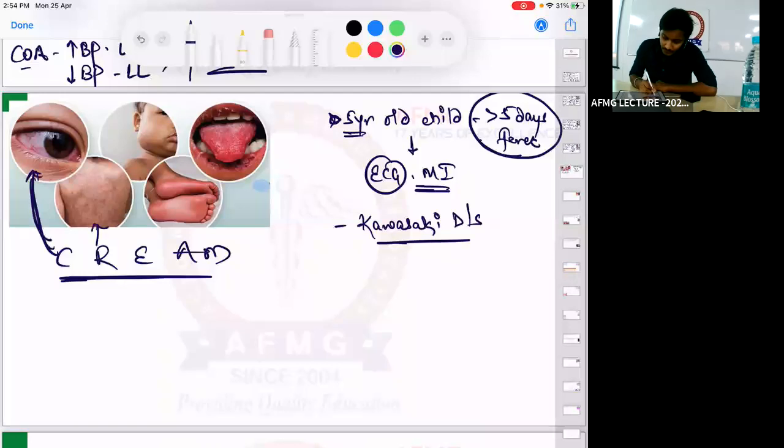R goes for rash. E goes for edema and erythema, redness and swelling. And A goes for lymphadenopathy.